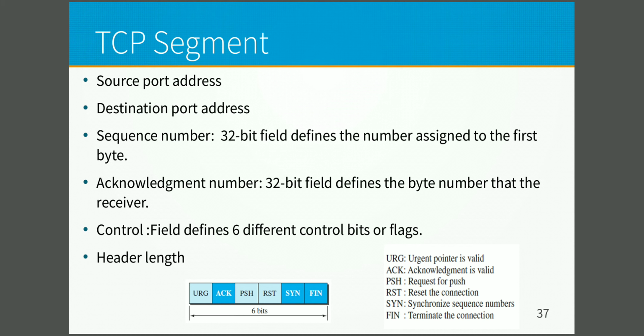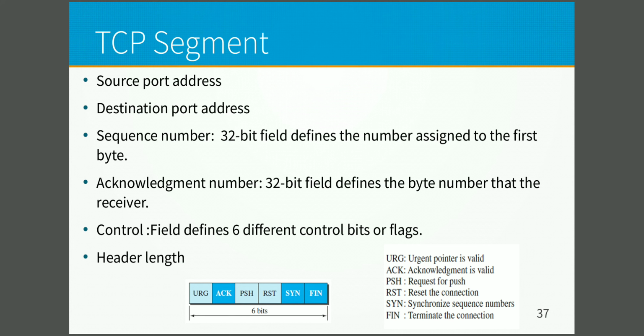Then this is followed by a sequence number, which is a 32-bit field, and this is a random number that is assigned to the first byte of the data contained in the segment. The sequence numbers we have already discussed previously.